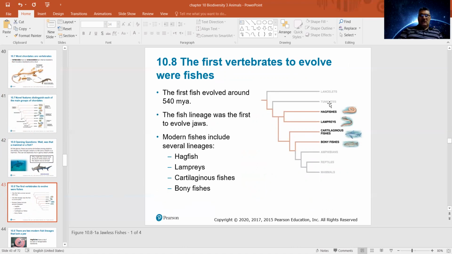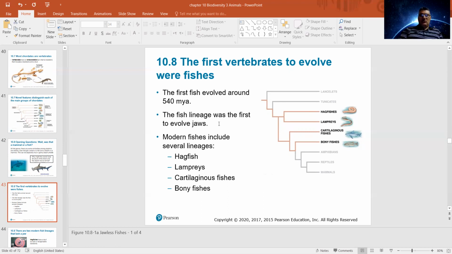So lancelets and tunicates, we talked about those. And these are invertebrates. Now the vertebrates, starting from the hagfish. They said that the very first fish, which is obviously the hagfish, was about 540 million years ago.